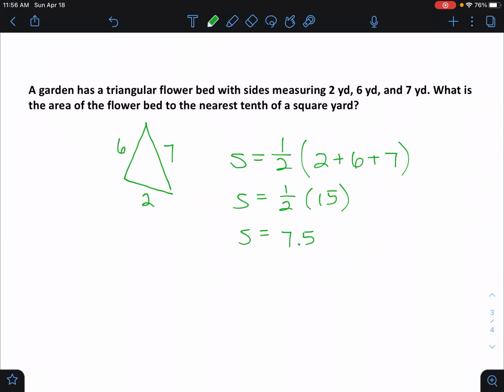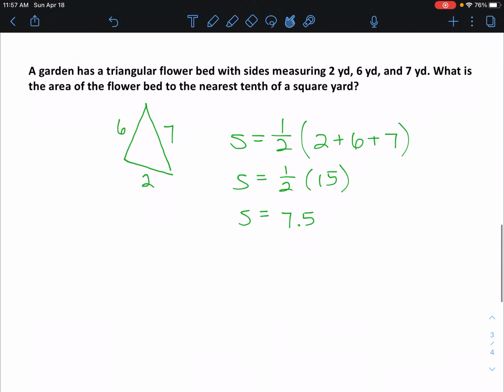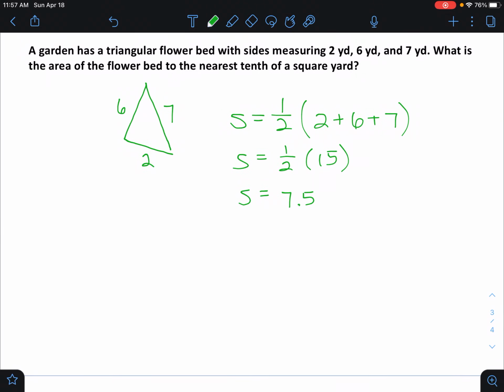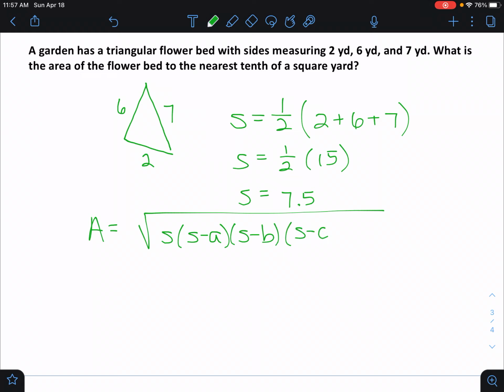Okay, and then I want to use this formula that they gave us. This is Heron's formula: the square root of S times S minus A times S minus B times S minus C.